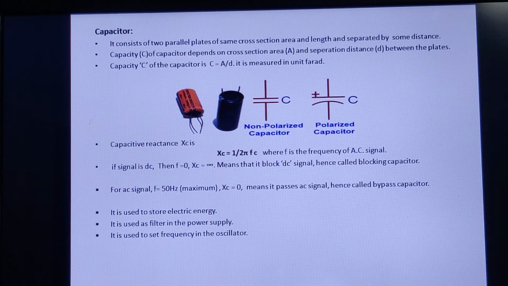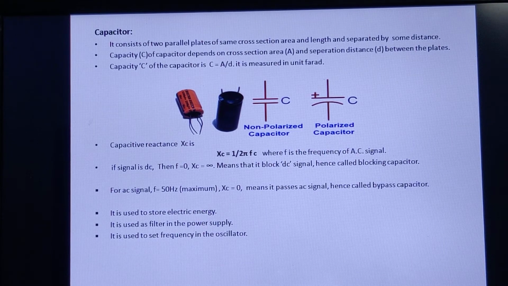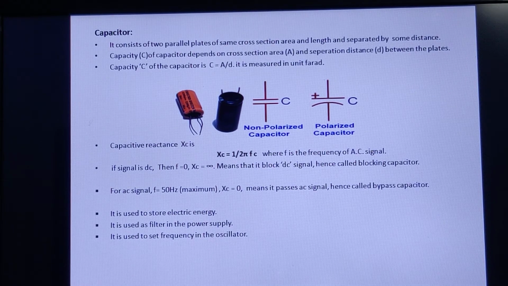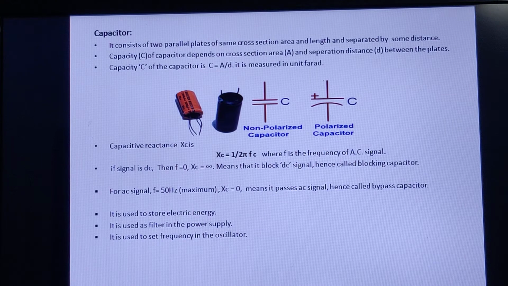So if we consider a DC signal, then for a DC signal the value of frequency is 0. Corresponding to this frequency, the capacitive reactance becomes infinity. So the capacitor blocks the DC signal, so it is called the blocking capacitor.